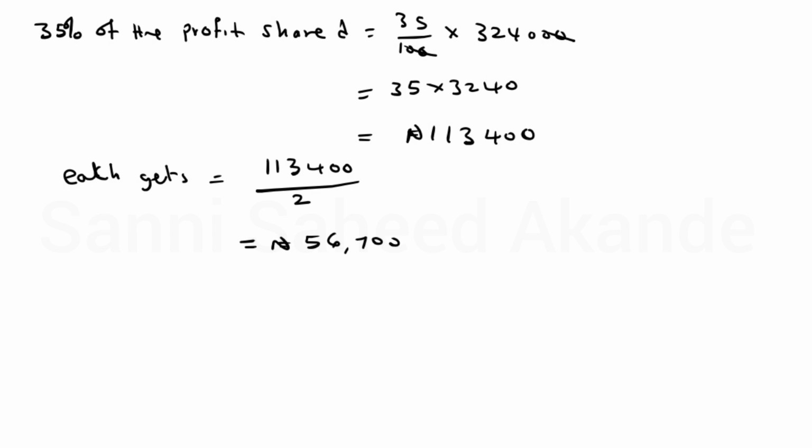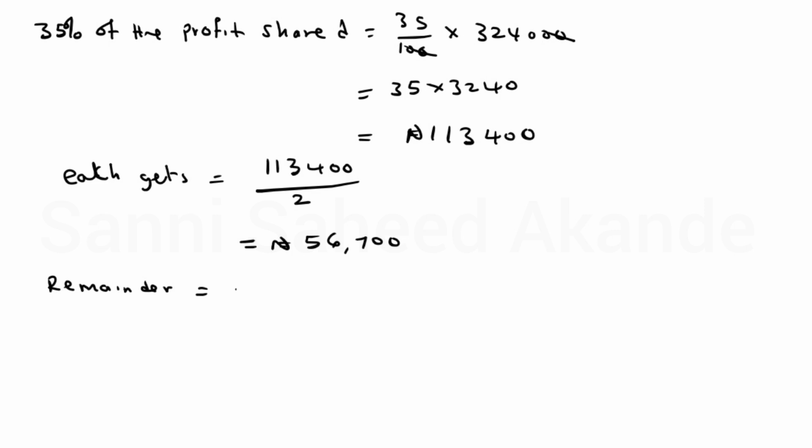So what will be the remainder? The remainder will be equal to, you are going to remove this 35% of the profits from their total profit, which is 324,000 naira.